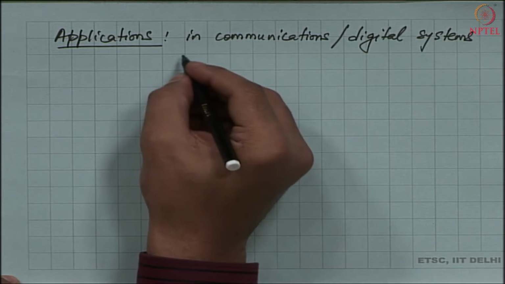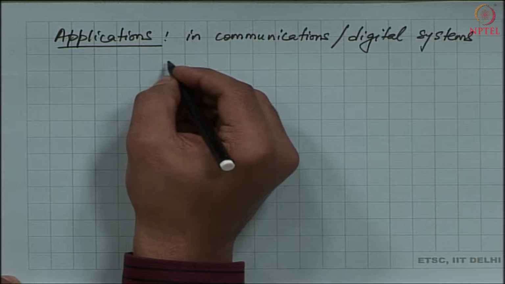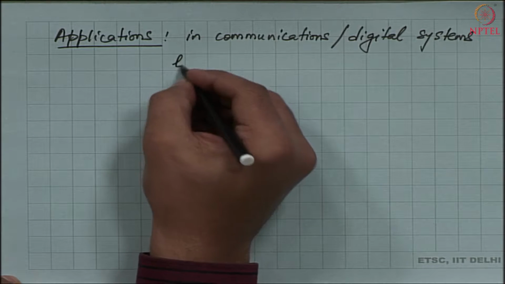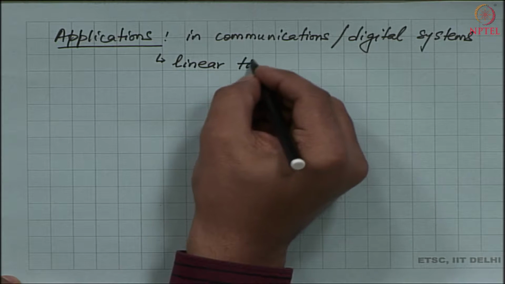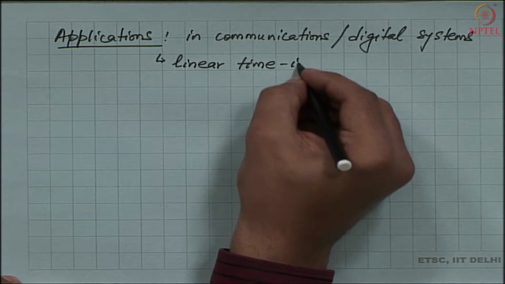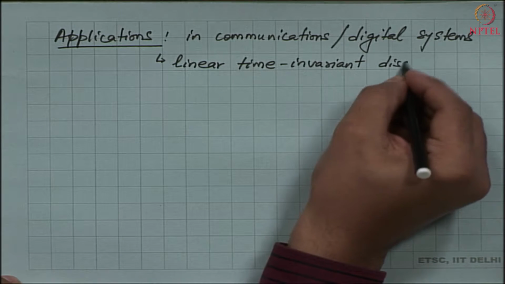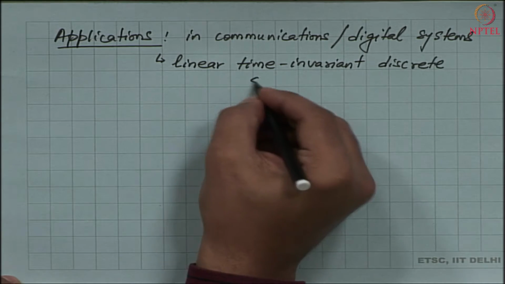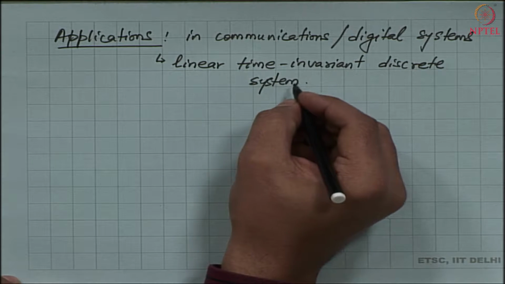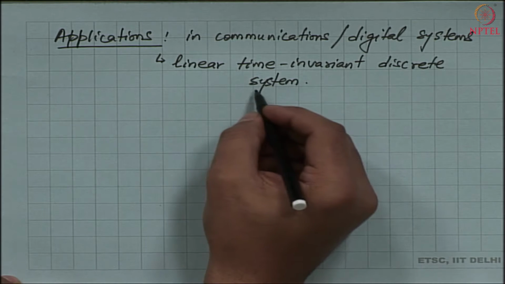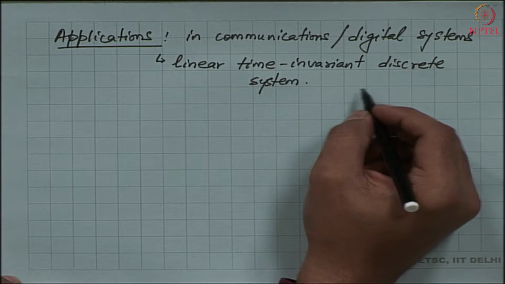Well, as I said, the most unique part about this Z transform is that it is going to be applied for linear time invariant discrete systems, as opposed to all the other transforms that we have seen in our previous discussions.